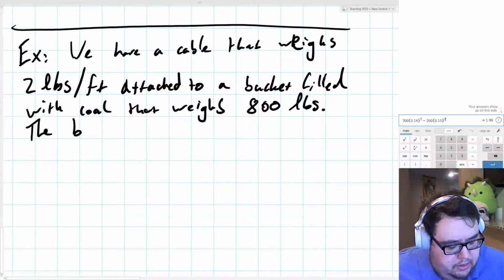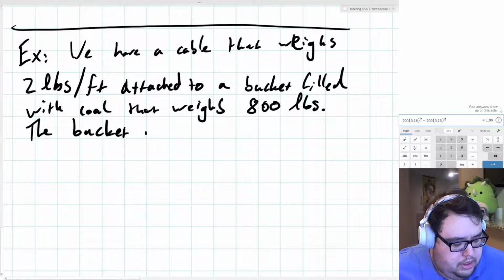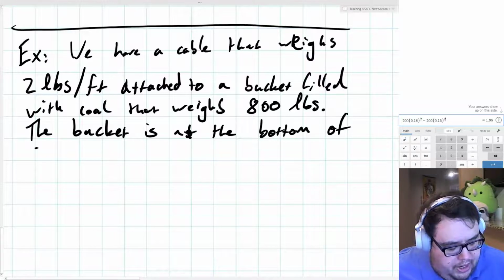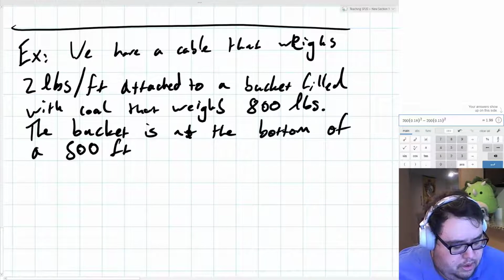The bucket is at the bottom of a 500-foot shaft.